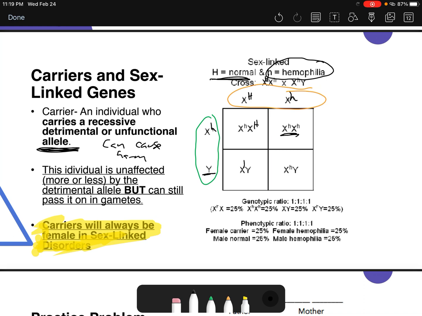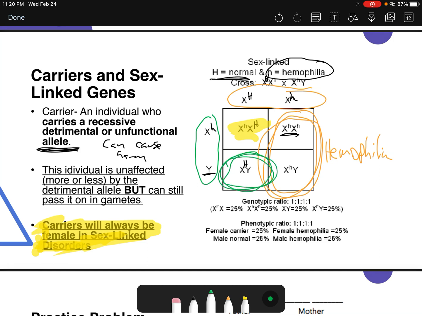We're going to have an X big H Y, and then an X little h Y. So notice these two individuals, hemophilia. This individual is going to be a carrier for hemophilia, and this individual is just going to be completely and totally normal.